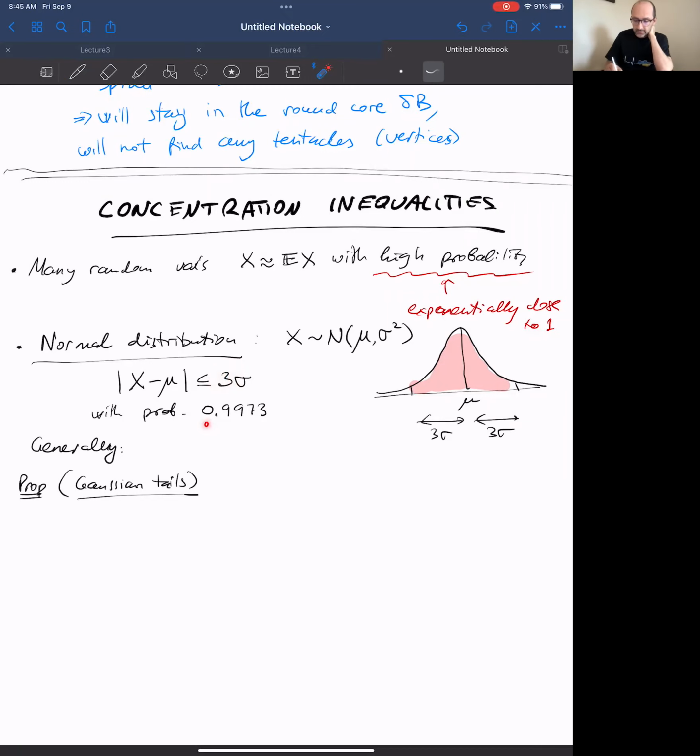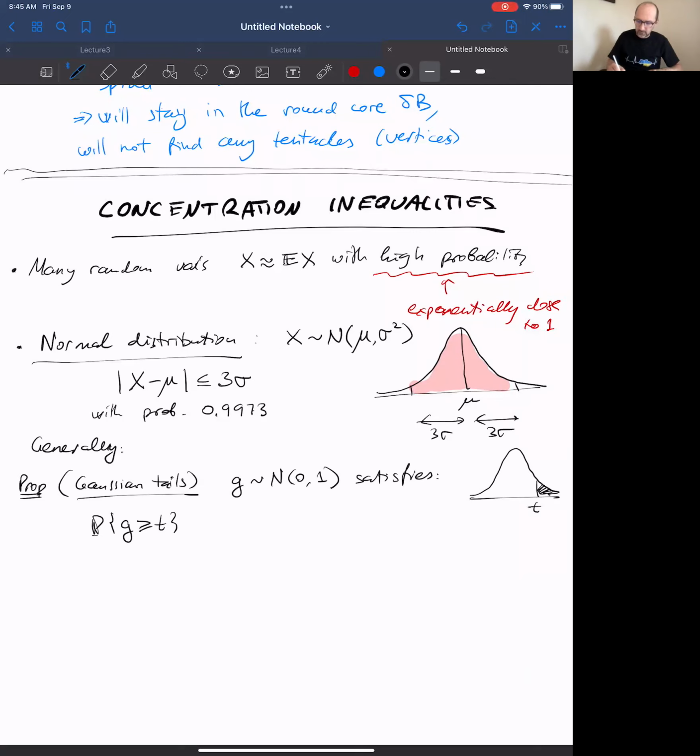How does this probability depend on t? So we will take the standard normal as our golden standard, then we'll generalize. The standard normal satisfies the following tail bound. The probability that G is greater than t, this is the tail that we would like to bound from t onward.